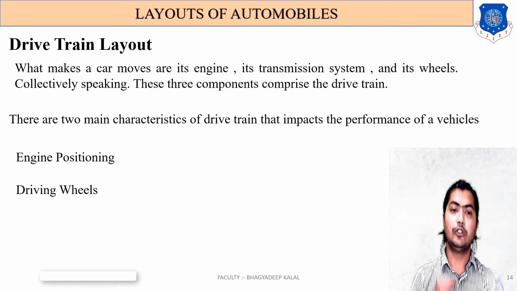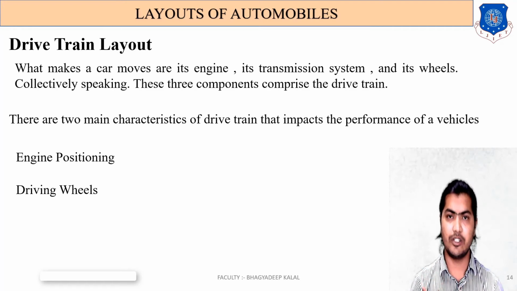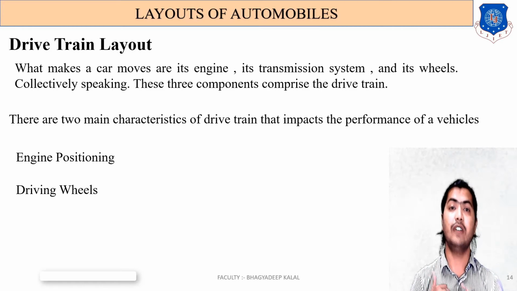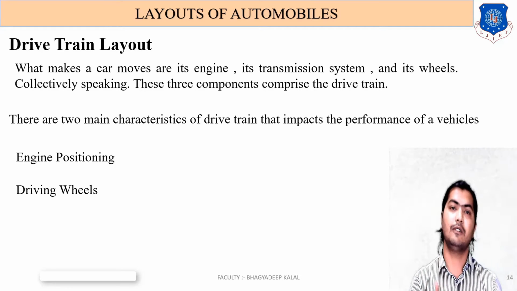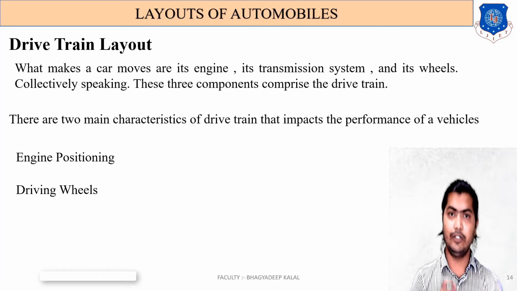There are two main characteristics of the drivetrain that impact the performance of a vehicle. First is the engine position, where we mount our engine, on the front side or rear side. Front side means front axle side or front wheel drive, and rear side means rear wheel drive. Second is the driving wheel, where you transmit power from the engine.